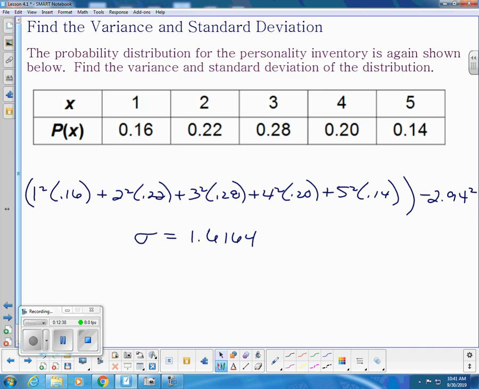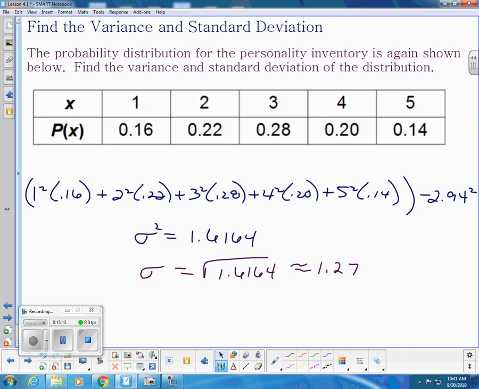And then to find the standard deviation, you are simply going to take the square root of that. Okay? So really quite easy when you do the shortcut. If you don't do the shortcut, it just gets ugly.